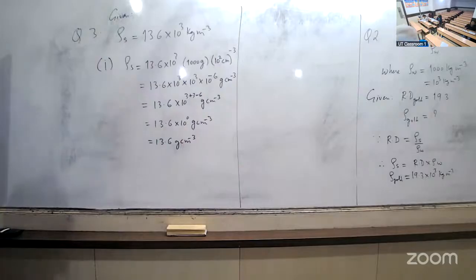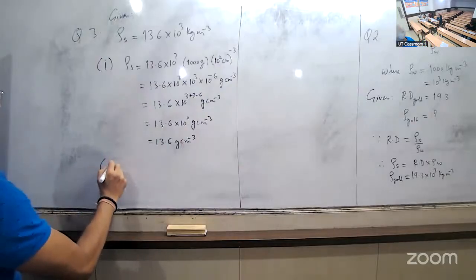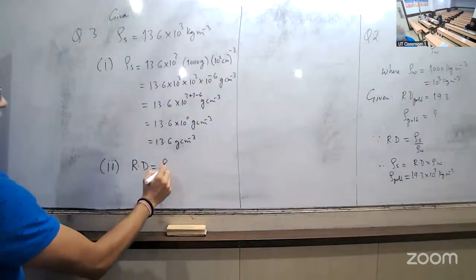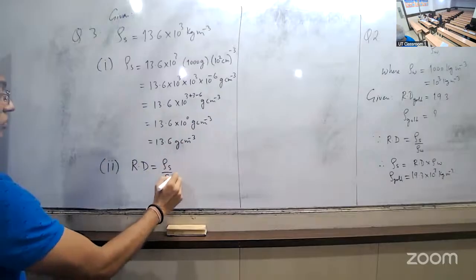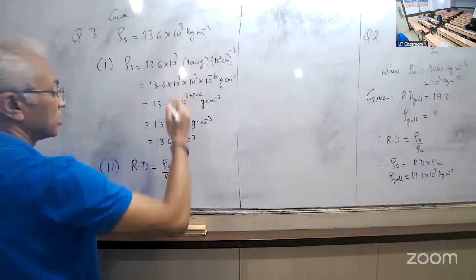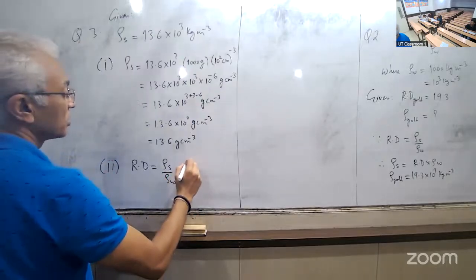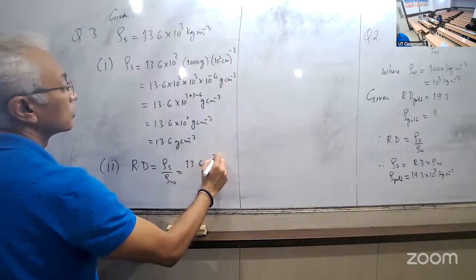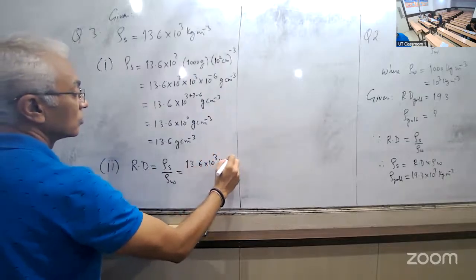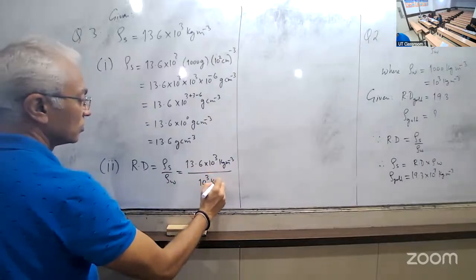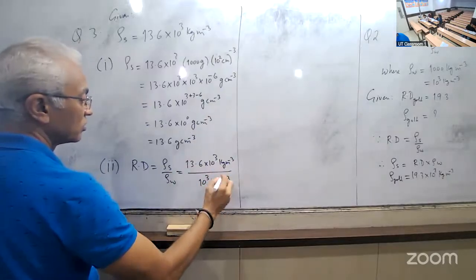So relative density, you have to also find relative density. Generally, density of water, if it is not given, you have to remember it is 1000. The substance density is given. What is density of water? 1000 kg per meter cube.